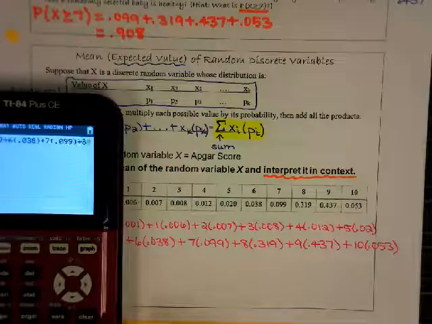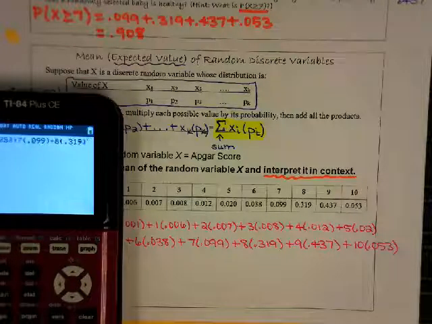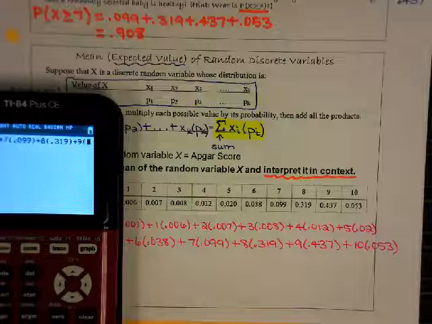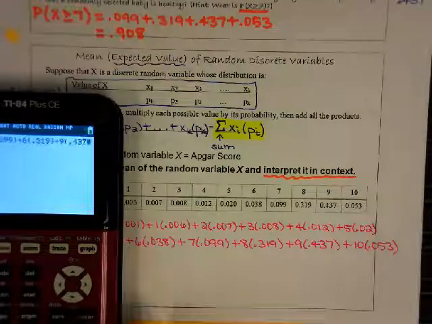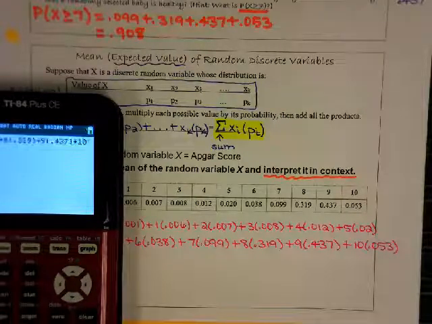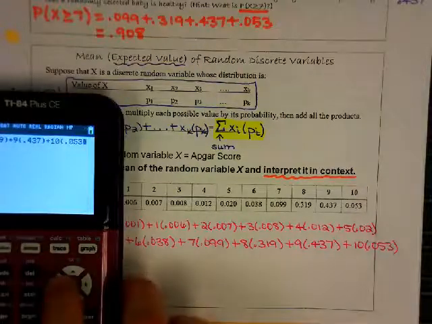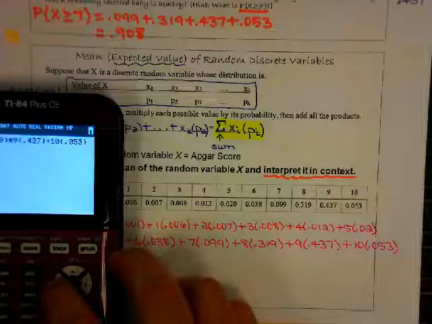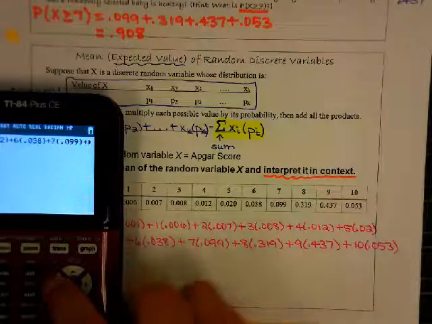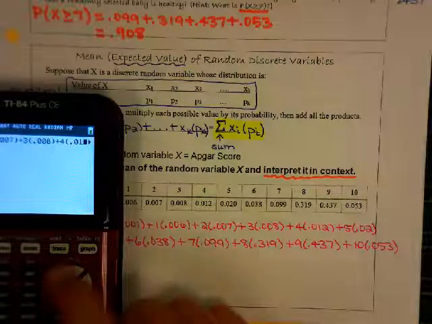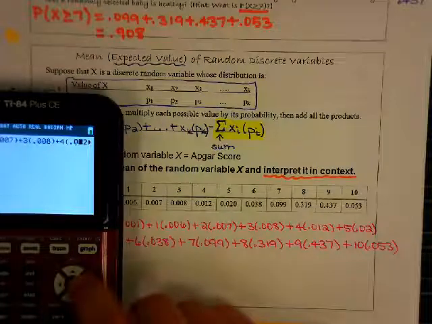Alright, hopefully I didn't miss any other parentheses, otherwise I'm going to be really screwed up. So we get an expected value or a mean of 8.128.